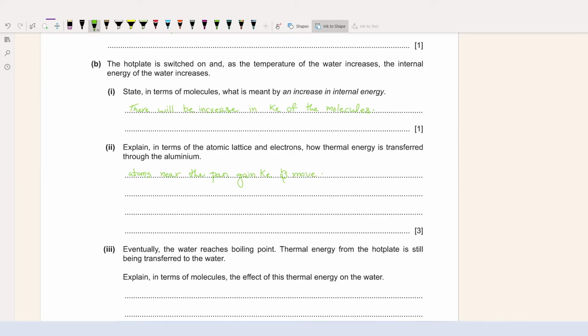The atoms pass energy to the other atoms. Then the atoms pass energy to the electrons and the electrons move around the lattice.